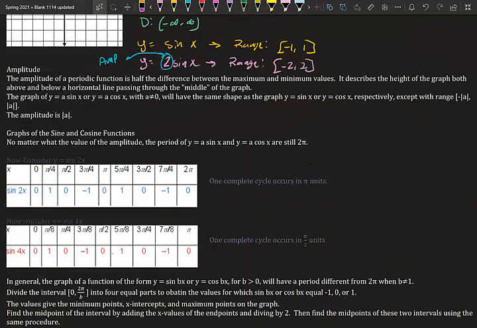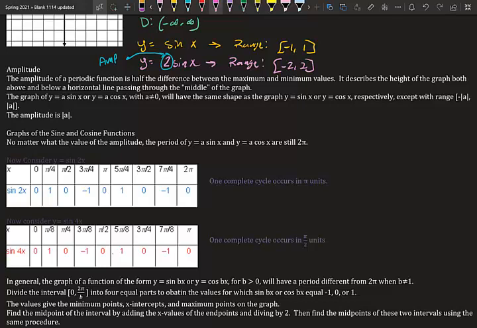The graph of y equals a sine x or y equals a cosine x, when a is not 0, will have the same shape as the graph of y equals sine x or y equals cosine x respectively, except the range will be negative absolute value of a to absolute value of a. The amplitude is the absolute value of a.